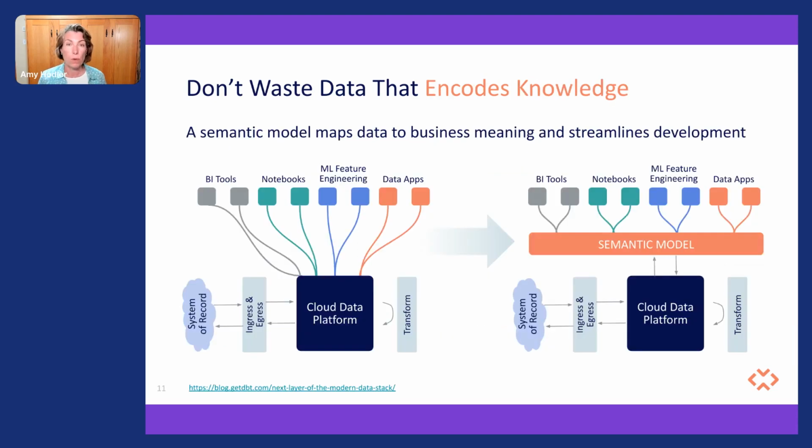So the other thing we want to do is, if we are encoding knowledge in any fashion, let's not waste it. You're hearing a lot of talk recently about semantic models and semantic layers, kind of an old term that has a new twist now. People are looking at how do I map data to the business meaning and the importance of it. And they're looking at that as a way to help us streamline development of things like data apps.